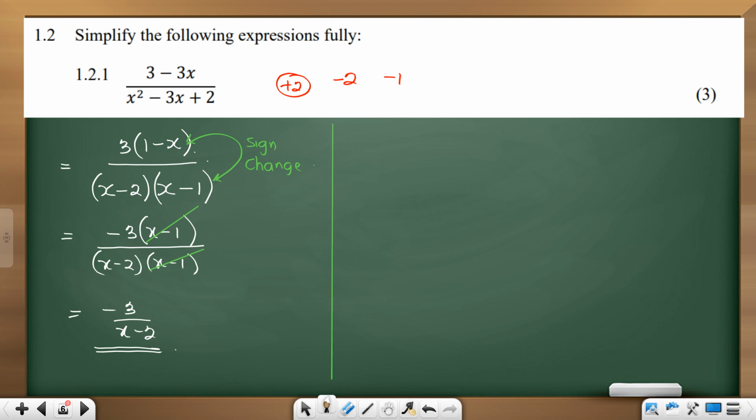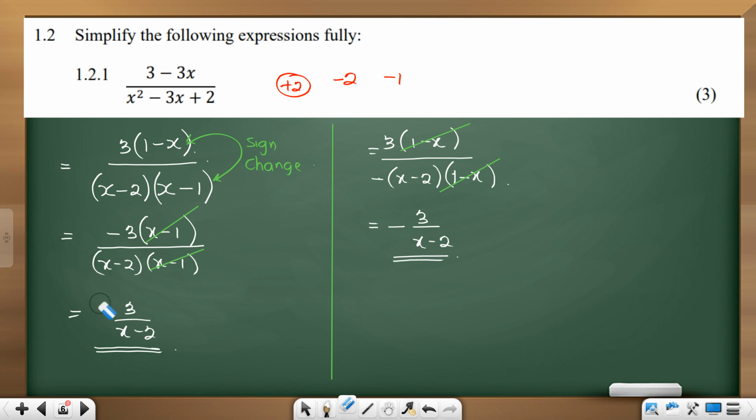Yes, I can. So I have 3 over minus, check, 1 minus x over x minus 2. I've already done the sign change, right? So it's going to be 1 minus x. So I've done the sign change at the bottom. Now what do you have? Negative divided by positive. You see, that sign should actually be here: negative 3 over x minus 2.